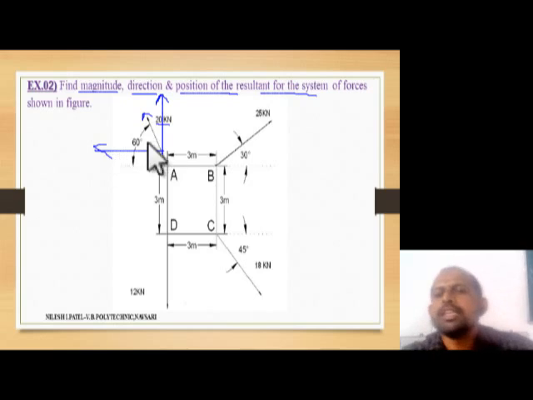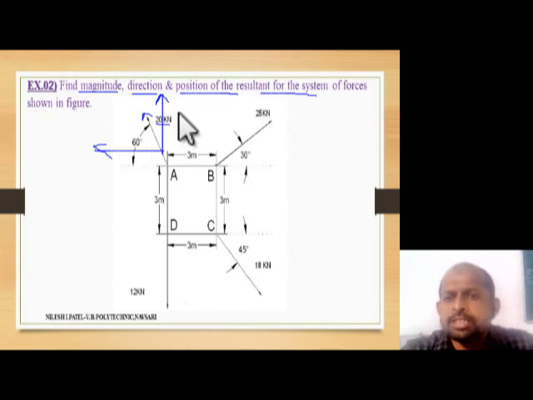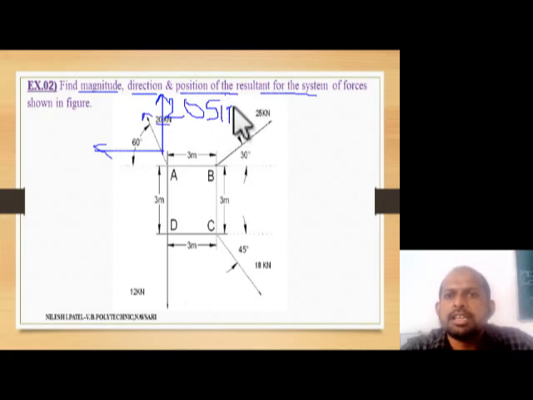And as I explained in the resolution of force, the vertical component is always 20 sine theta, and theta is given, which is 60 degrees. So the vertical component is 20 sine 60 degree.